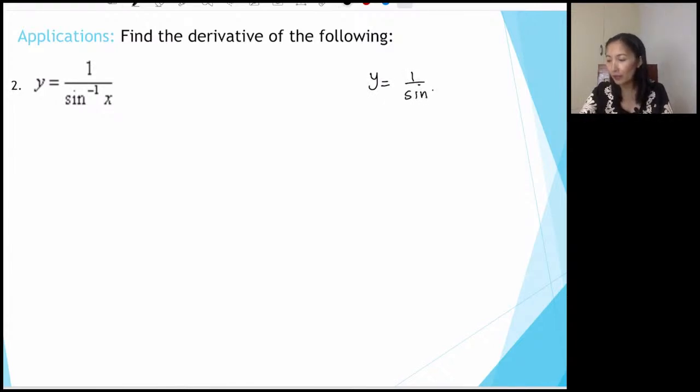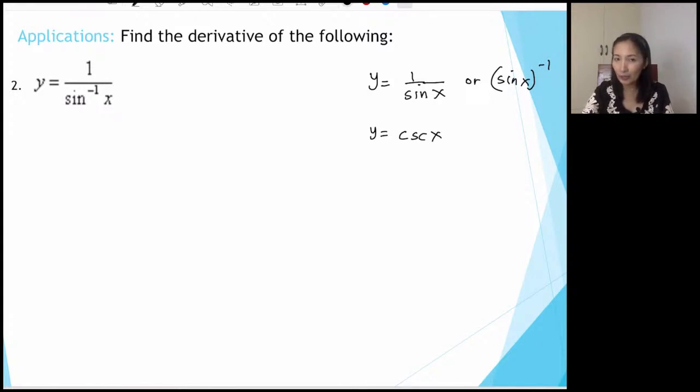You could express this as y equal to cosecant x, or sine x raised to negative 1. Will the derivative be equal?